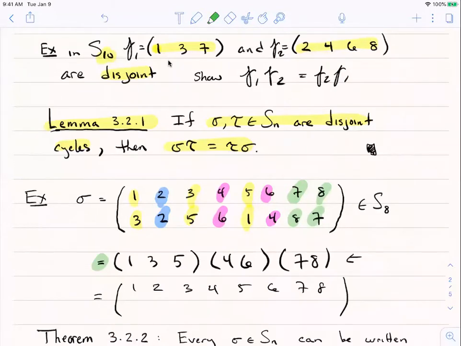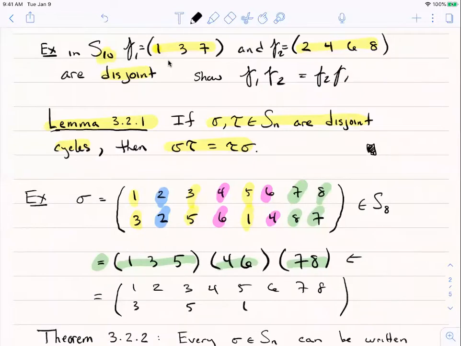This cycle, 7 and 8 interchange, fixes 1. 1 goes to 1 because 1's not there. This also fixes 1. And then this one sends 1 to 3. So at the end of the day, 1 went to 3. Yeah. And you see that if we choose the element 3, it's going to do the same thing. 3 is fixed, 3 is fixed, 3 goes to 5. So 3 will go to 5. How about 5? 5 is fixed, 5 is fixed, 5 goes to 1, so 5 goes to 1.